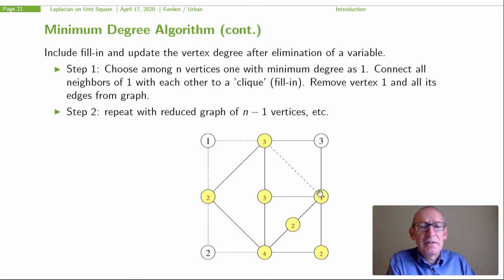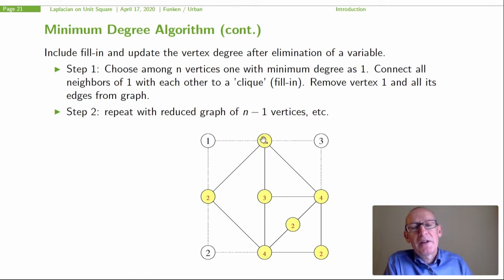So fill in and delete the edges belonging to this node and continue with this new graph, always updating the degree of our vertices for the remaining graph. So next will be this node here, and we see 3 has a connection to 2, 4 has a connection to 2, but there's no direct connection between this node here and here.